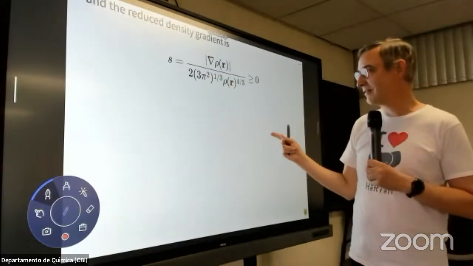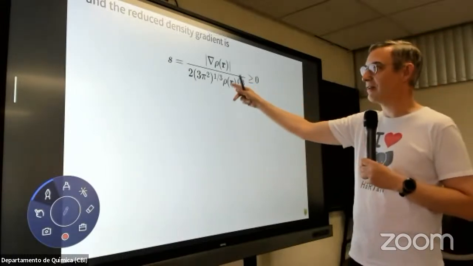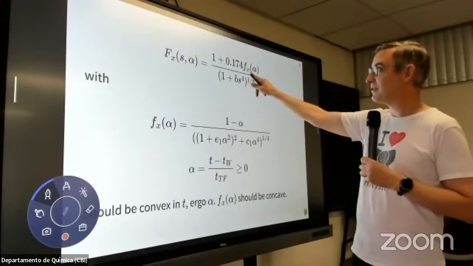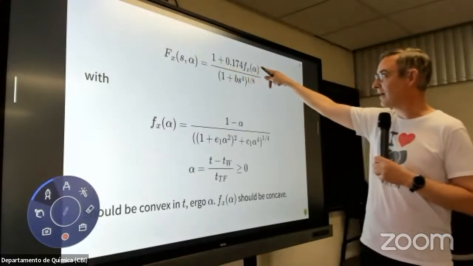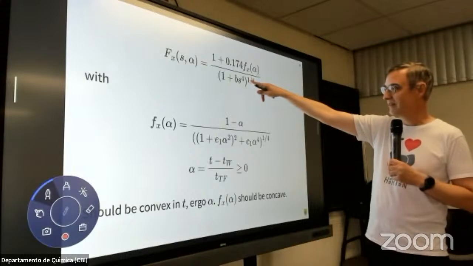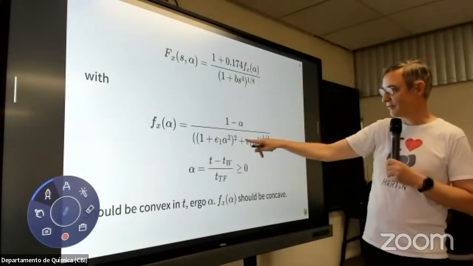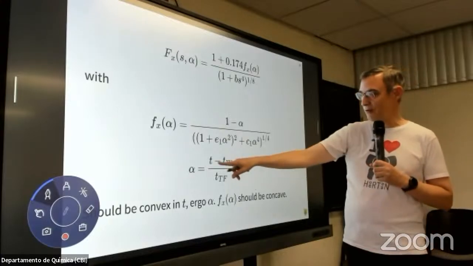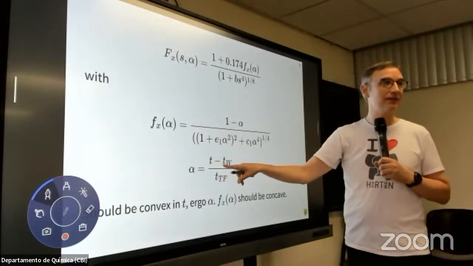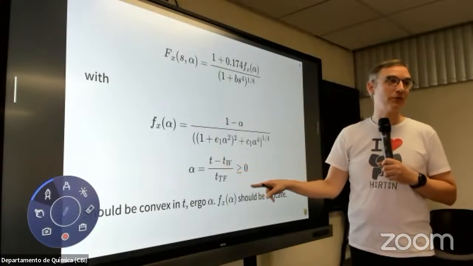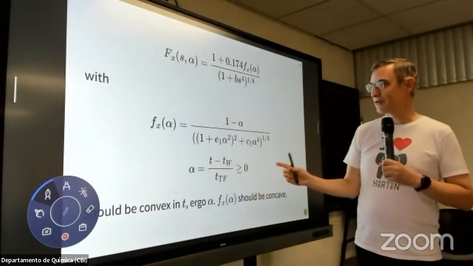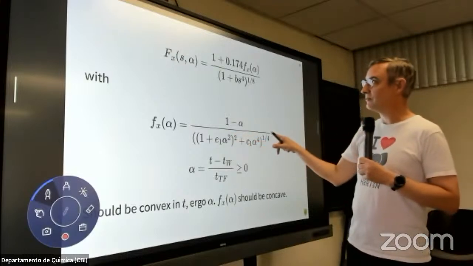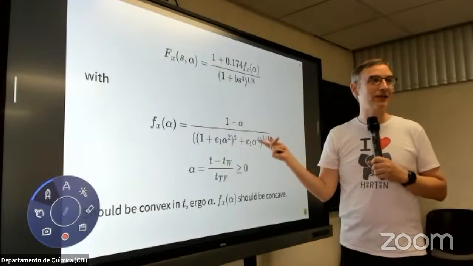Next slide. This is the reduced density gradient. Next. And then this is the enhancement factor as a function of alpha and S, and then this is the thing as a function of alpha. And then this is alpha, and d alpha dt is just 1 over Thomas Fermi, so that's positive. It's just linear. So the second derivative with respect to alpha of this thing has to be negative.